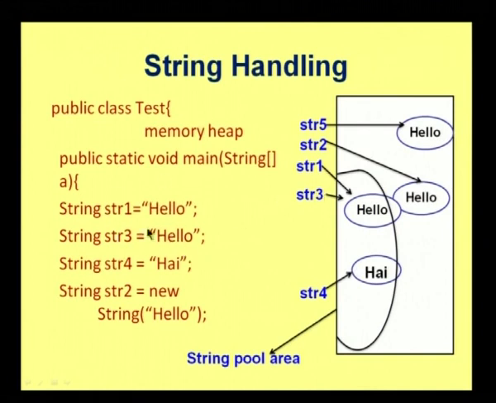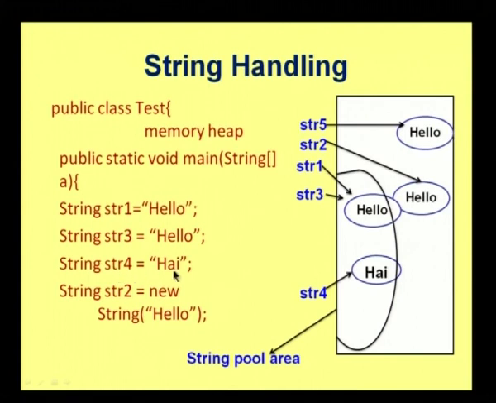What happens is whenever memory is allocated to the value hello, it is given a variable name of str1. Again, if the same value is there and memory needs to be allocated, in that case the memory will not be allocated and the variable is going to point to the same value. So, the same memory that has been allocated. You can see that string 1 and string 3 are pointing to the same value.